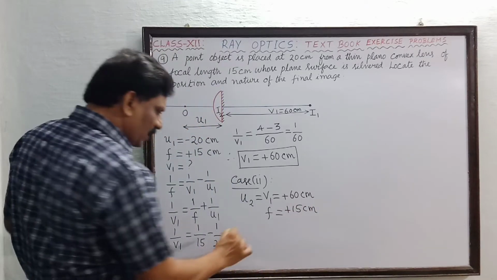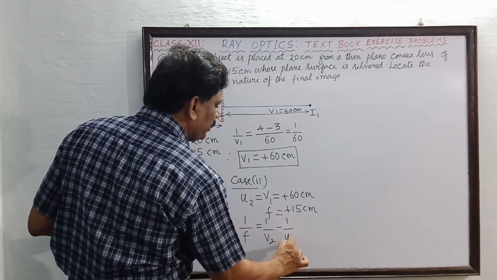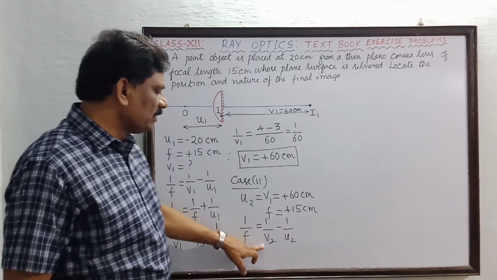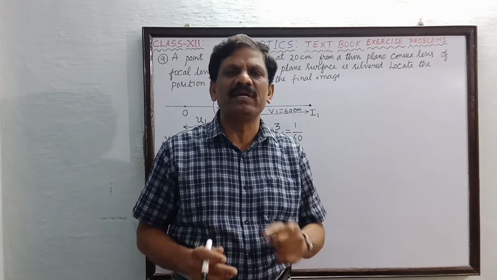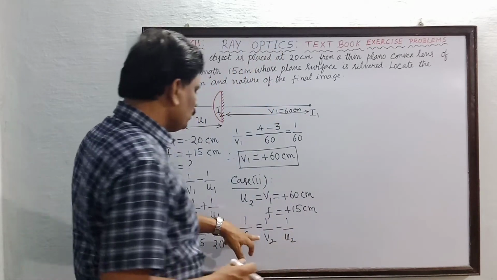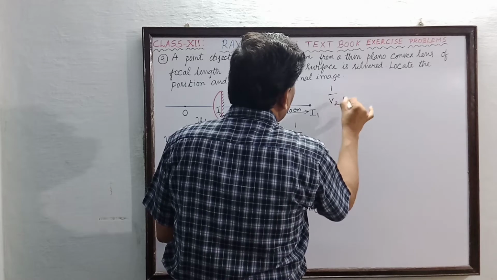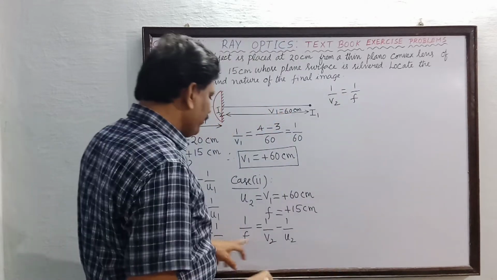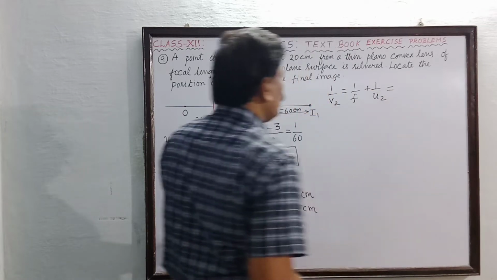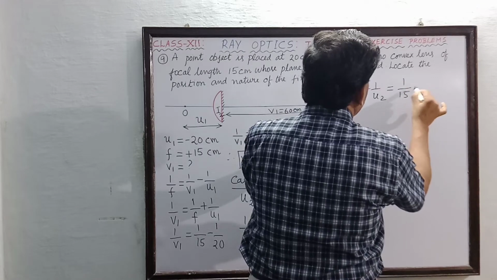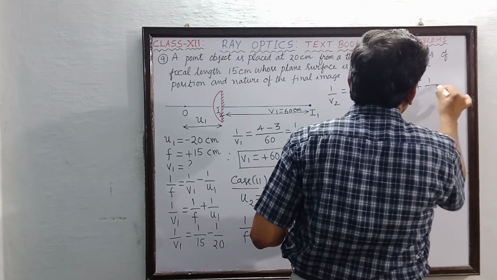So using the lens formula once again, 1 by F is equal to 1 by V2 minus 1 by U2. We have to find out this V2. This V2 is the image distance of the final image which is formed in air itself. Therefore, 1 by V2 is equal to 1 by F plus 1 by U2, which is 1 by 15 plus 1 by 60.